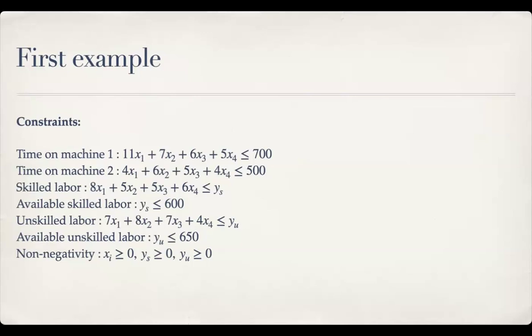So in order to produce x1, x2, x3, x4, how much do we need? 11x1 plus 7x2 plus 6x3 plus 5x4. These coefficients are from the table, so look at the table. So the number of hours required to produce x1, x2, x3, x4 must be less than or equal to 700.